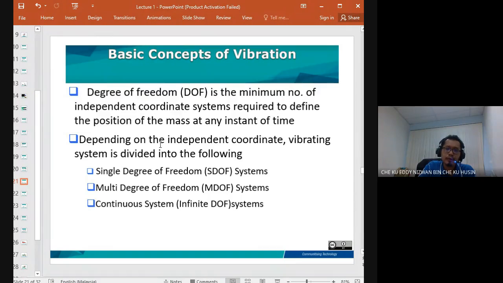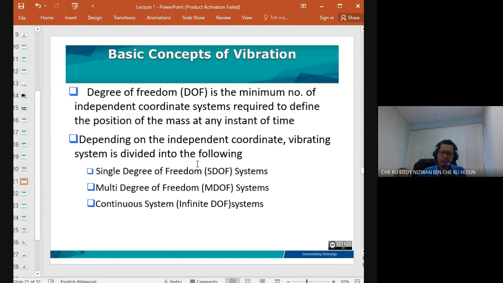So it depends on the independent coordinates. Vibration systems can be divided as follows. In this subject, we cluster them by 3 types of degree of freedom: single degree of freedom, which is a simple system, then multi degree of freedom, and continuous system.